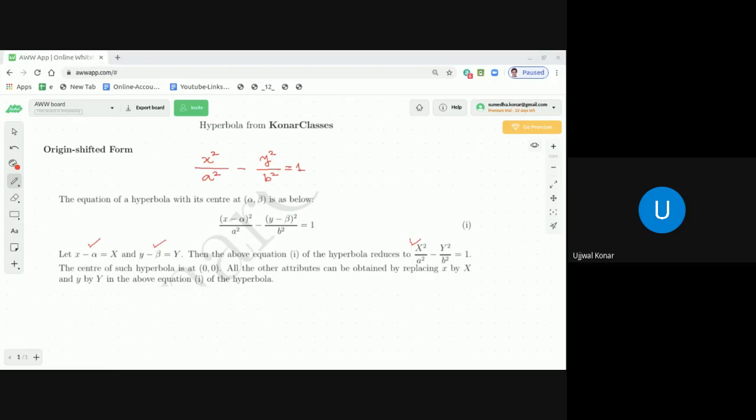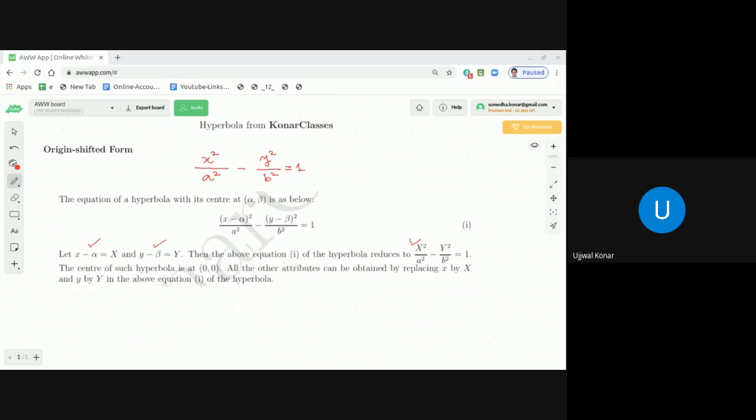So all these are the different attributes of a hyperbola. All these attributes you can obtain by replacing lowercase x by capital X and lowercase y by capital Y in this equation.